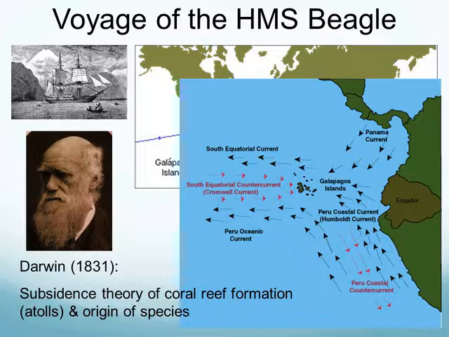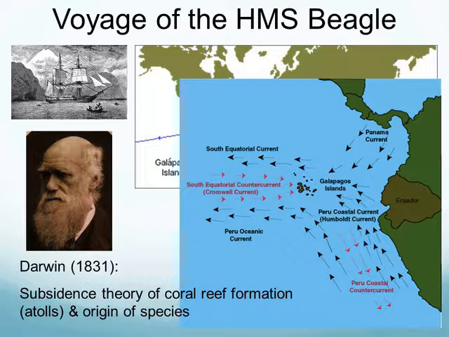These islands are very special because each island has a population of finches, and depending on the island, each finch developed a different type of beak size and morphology to accommodate the resources found on that island.